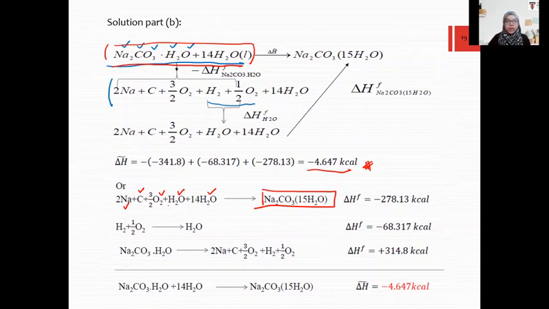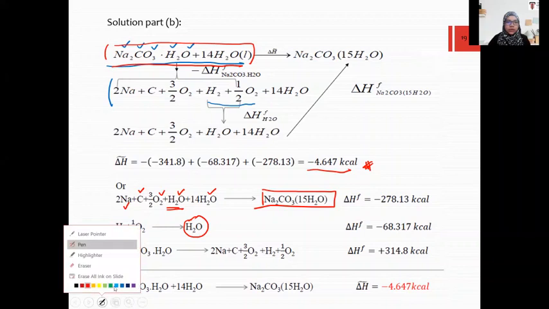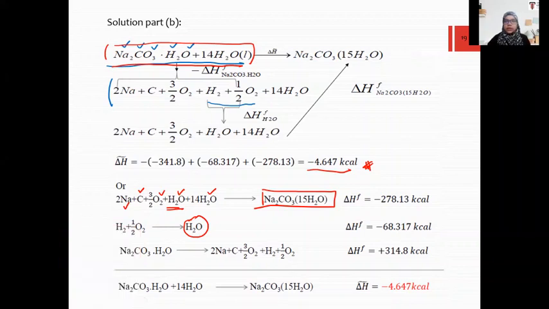From this we cancel out the H2O first. So H2 plus O2, we can have this H2O, so you may cancel the H2O. The first is to cancel H2O, and then second, we need to cancel the term for the elements for the solute, right?